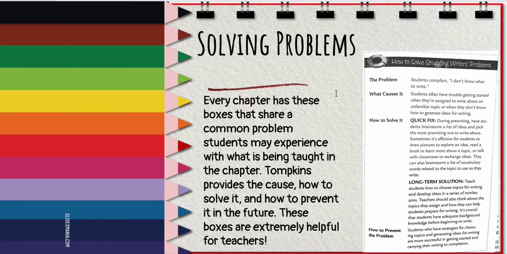And Tompkins goes into what causes it, how to solve it immediately, a quick fix and a long-term solution, but then she also talks about how to prevent the problem in the first place. I saw so many of these problems in my classroom, so I was so thankful to read all of these to get some really great ideas on the quick fixes, but then also prevention.